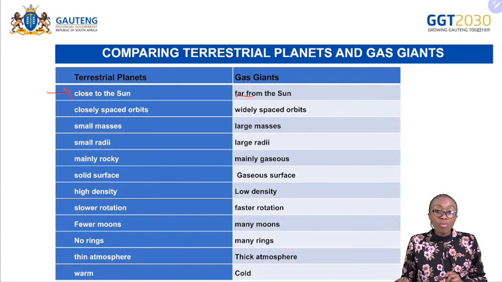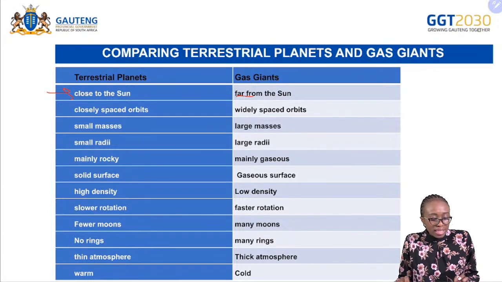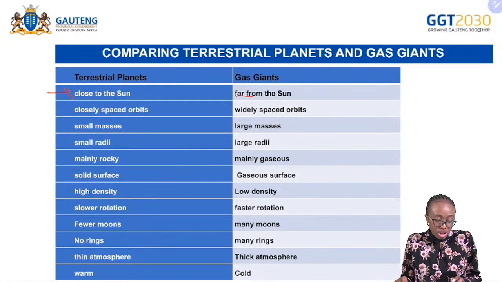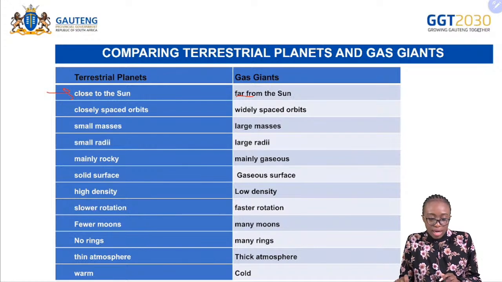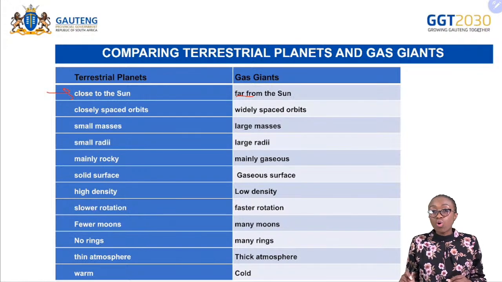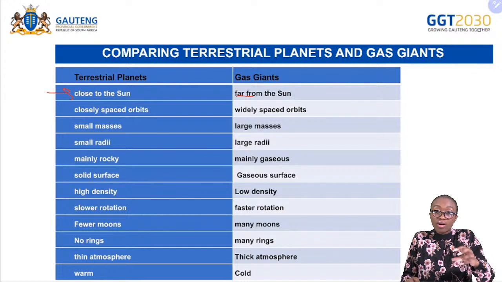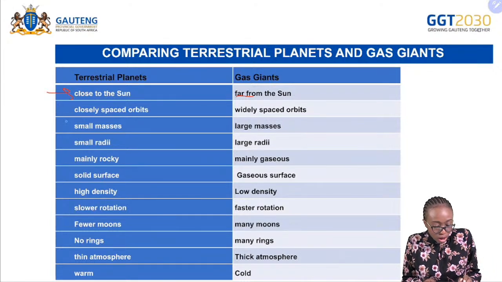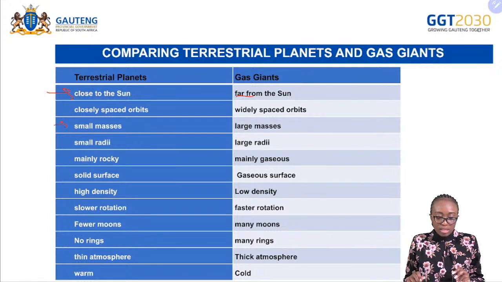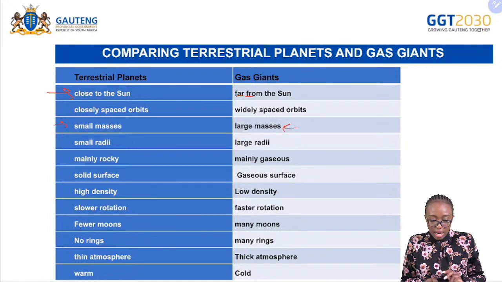What other comparison is there? The terrestrial planets have closely spaced orbits, and the gas giants have widely spaced orbits. Remember, to orbit is to go around. The terrestrial planets have small masses, and these ones have large masses.